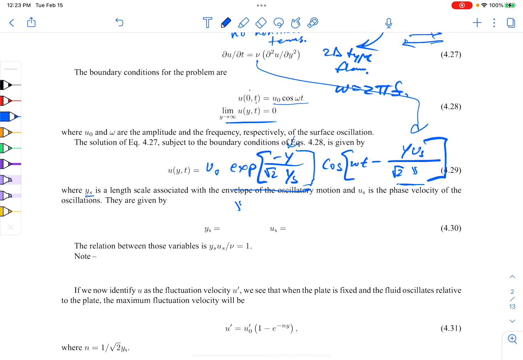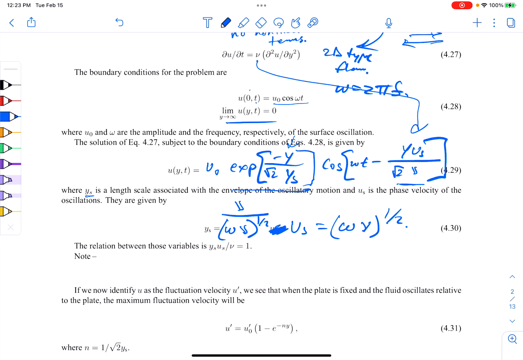YS is nu over omega to the 1/2, and US goes as omega nu to the 1/2.